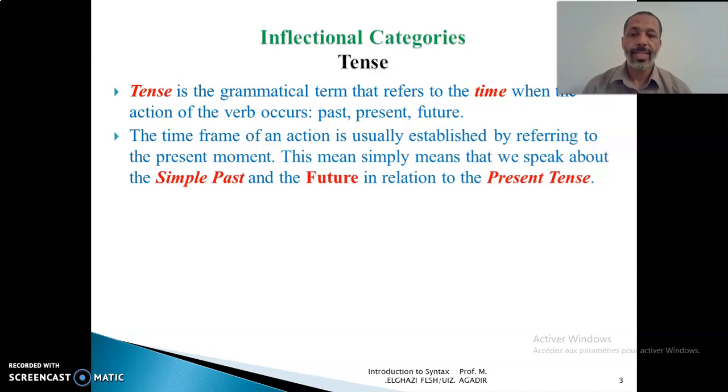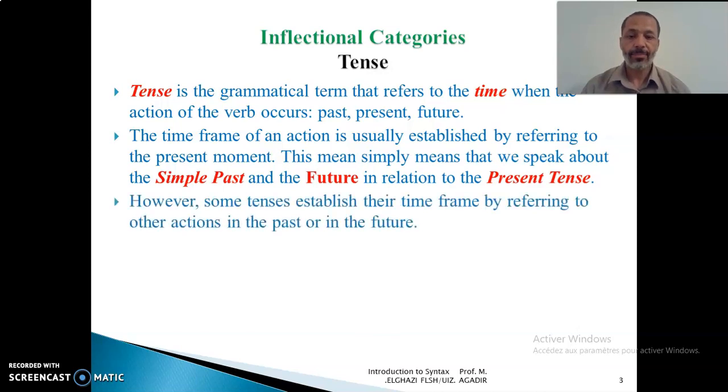The time frame of an action is usually established by referring to the present moment. This simply means, I'm sorry, there is a mistake there, that we speak about the simple past and the future in relation to the present tense. So we always speak about the grammatical tense by reference to the present tense.